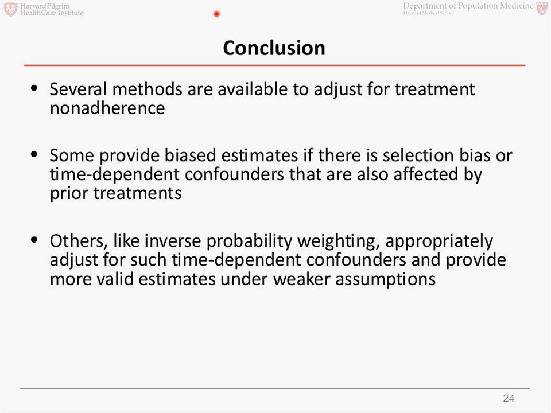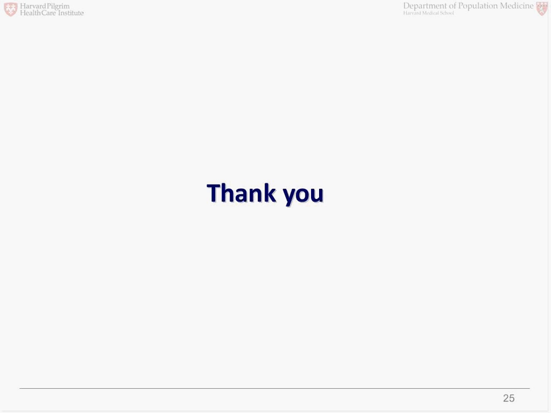In our own research, we just need to be mindful about all the assumptions that we make and choose the method that requires the weakest assumptions. I don't want to sound too cliche, but whenever we're not sure, it's always good to try different methods and to see how robust our results are to these different assumptions. I think I'm just going to stop here, and we have plenty of time for questions and comments. Thank you.